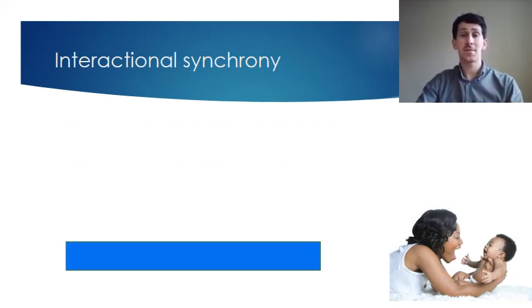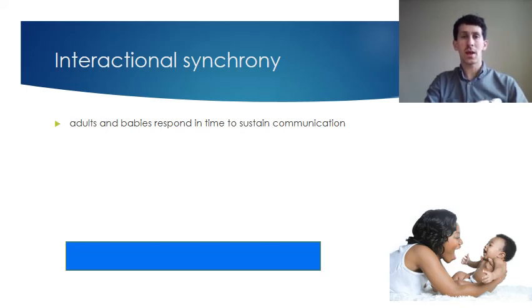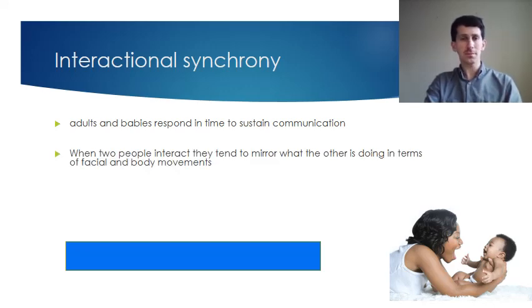So the next key factor in developing an attachment is this idea of interactional synchrony. So if you break that word down, interaction, so they're with each other, interacting. Synchrony, doing it together. So this is more when they respond in time to each other. And it helps them to sustain communication between the infant and the primary caregiver. And when two people interact, they tend to mirror what the other one is doing.